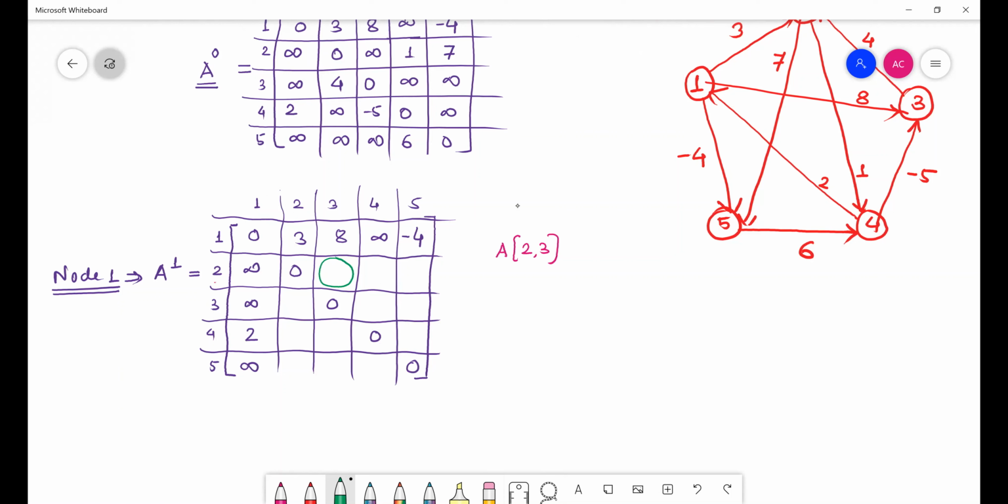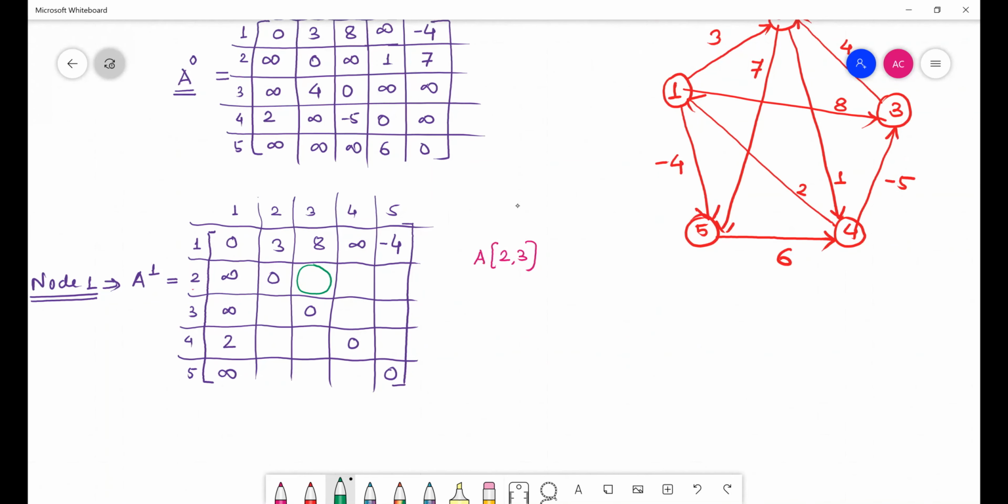So if I need to calculate A 2 3, this 2 to 3 will require some cost. And the other way of reaching 2 to 3 is what? Via 1. Can I say it like A of 2 to 1 plus A of 2 to 3?